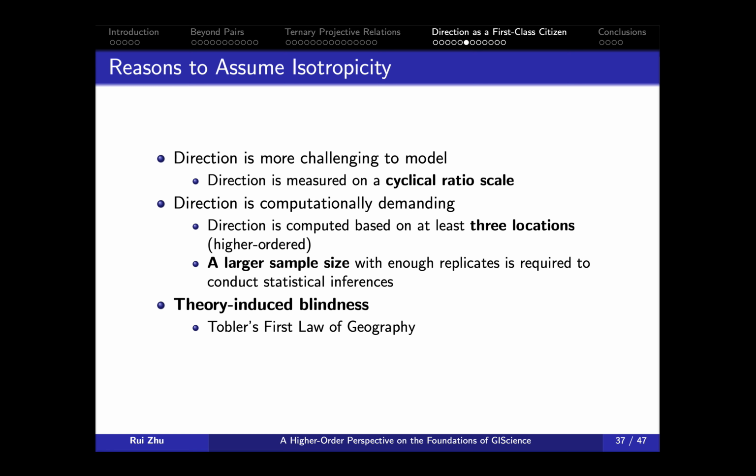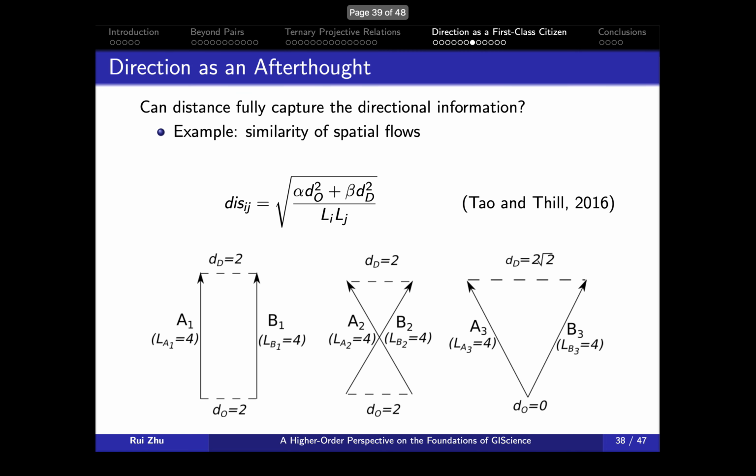Second, since directional information is higher order, it is computationally demanding, as statistics based on it require a larger number of samples. Thirdly, we speculate that there is a theory-induced blindness, like Tobler's first law, that leads us to understate directional effects and think that distance is capable of capturing directional information.